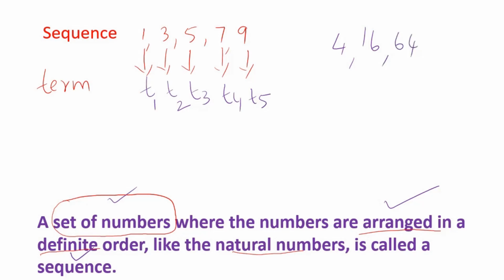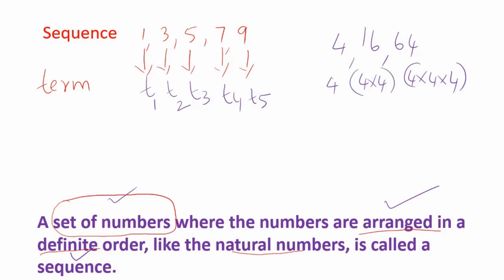Here we can see that this is 4, the first number. This is 4 into 4, 16. This is 4 into 4 into 4. That means here multiplication comes into effect. This is also a sequence.